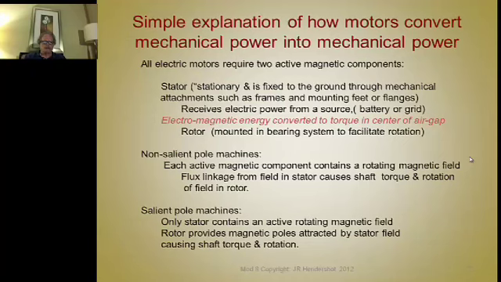And let's start by pointing out again that all electric machines must have 2 active magnetic components. One component has to be a stator, which is mounted to the earth through some mechanical parts such as frames and feet and bases and all that sort of thing. And inside that stator has to be a controllable electromagnetic field.